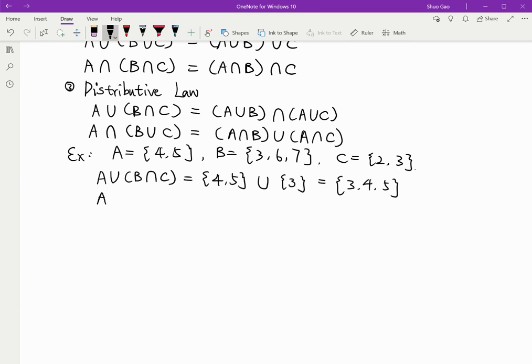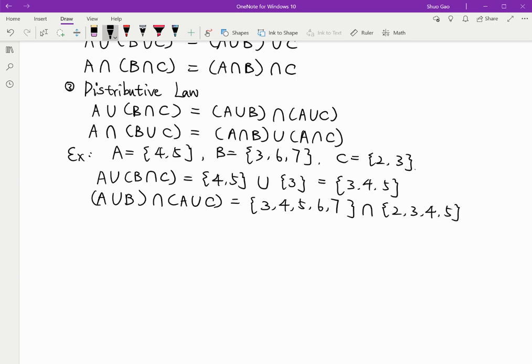And let's calculate A union B, and then intersect A union C. So A union B should be all the elements here: 3, 4, 5, 6, 7, because union means we gather all the elements in both sets. And then intersect with A union C, 4, 5 union 2, 3, so that should be 2, 3, 4, and 5.